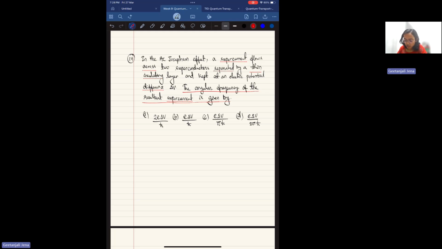This is a direct formula-based answer. So you can easily guess that omega is 2e delta V by h cut.